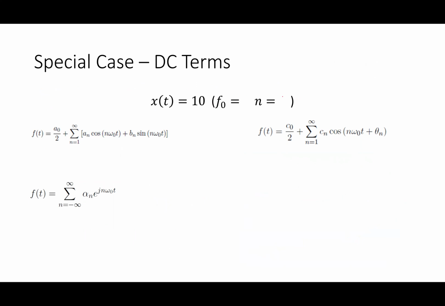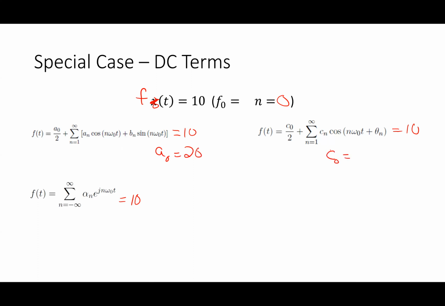This only has an n equals 0 term. Maybe I'll just call it f of t. If f of t is 10, so this is equal to 10, this is equal to 10, and this is equal to 10. In this case, I see A_0 equals 20.